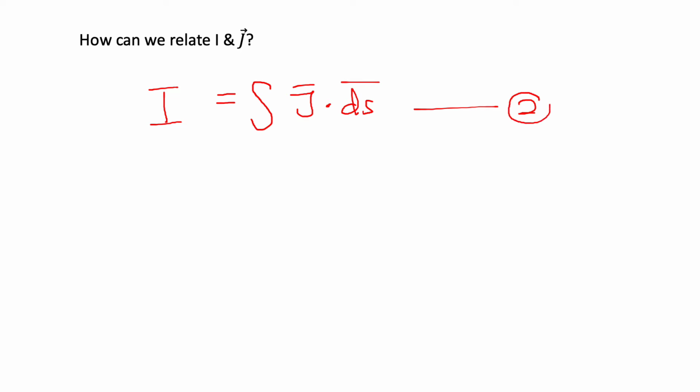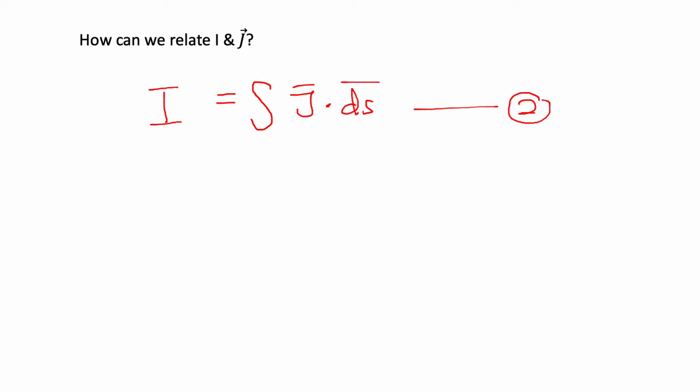How can we relate I and J? So this equation, I equal to the integration of J dot ds, gives the relationship between I and J, and this will be our second equation of current.